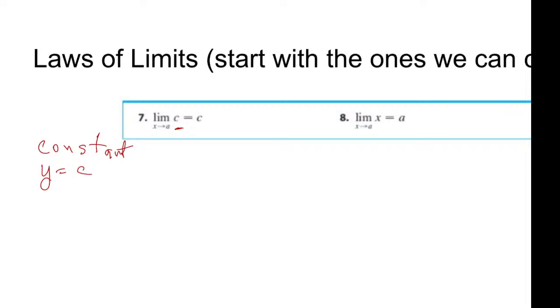But we're going to build this concept. When we've got continuity, as we get close to a, we could go to a and it's the same value. But we're not actually at a, we're just at the boundary. So with those first two, we're going to build on them.